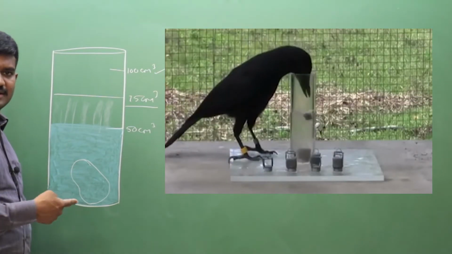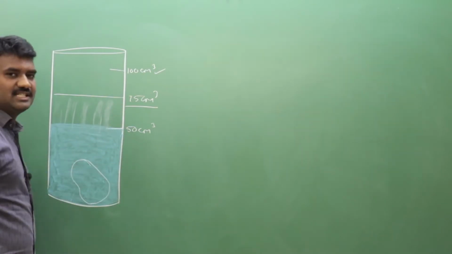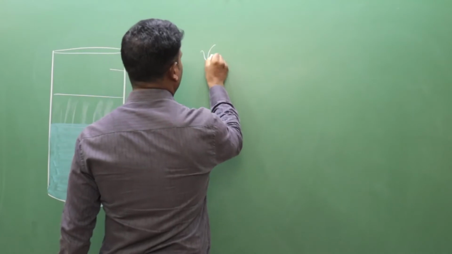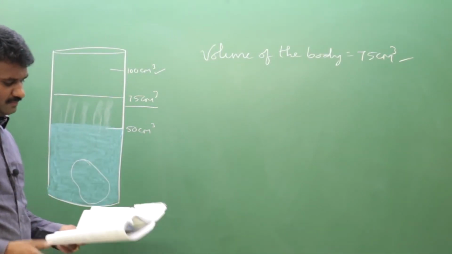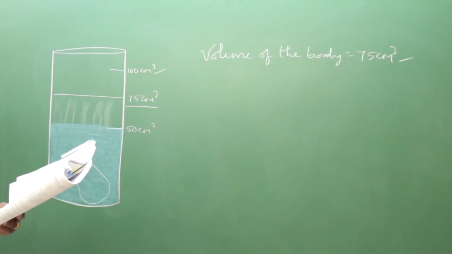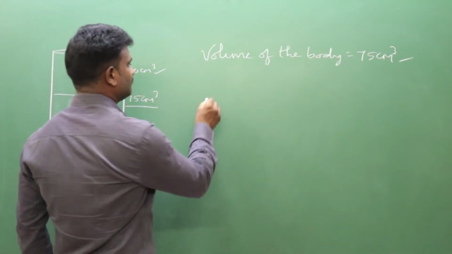The volume of the body is nothing but 75 minus 50, which is equal to 25 centimeter cube. The density of the body is 250 gram per centimeter cube. The mass of the body is, that's all, over.